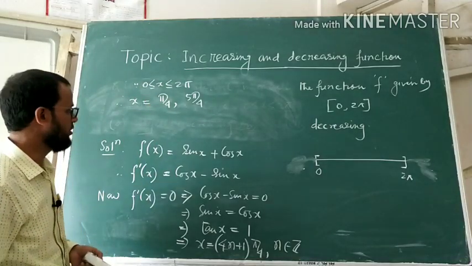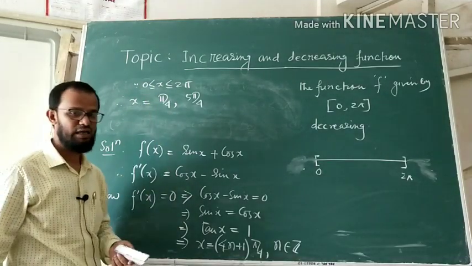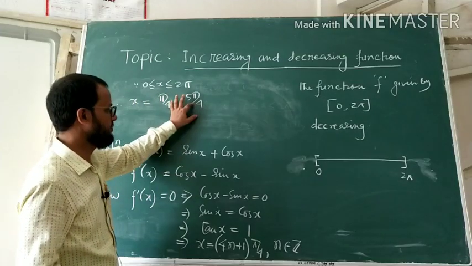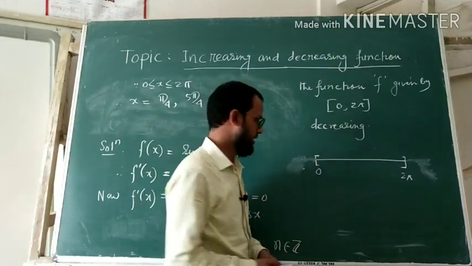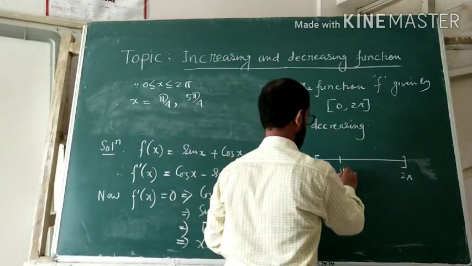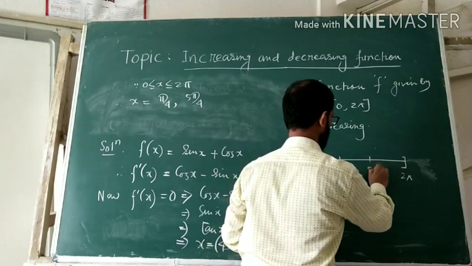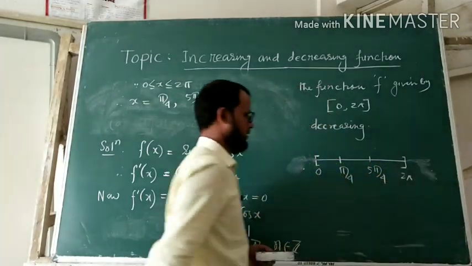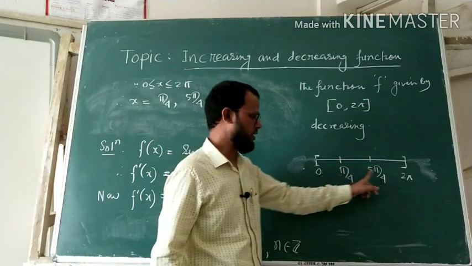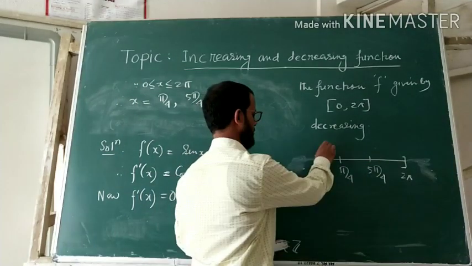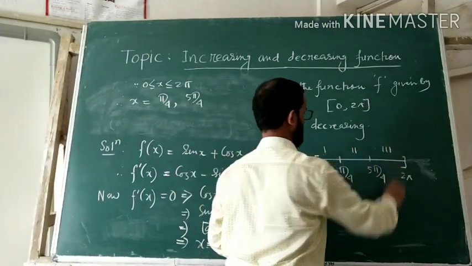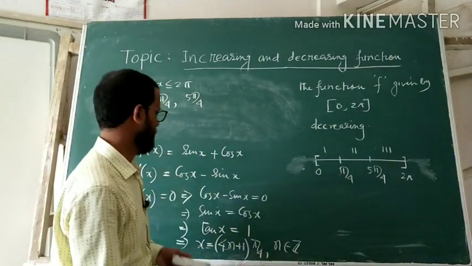That means the critical points are pi by 4 and 5 pi by 4 within the interval. Okay, so this is pi by 4 and this is 5 pi by 4. Now these two critical points divide your interval into three disjoint parts.